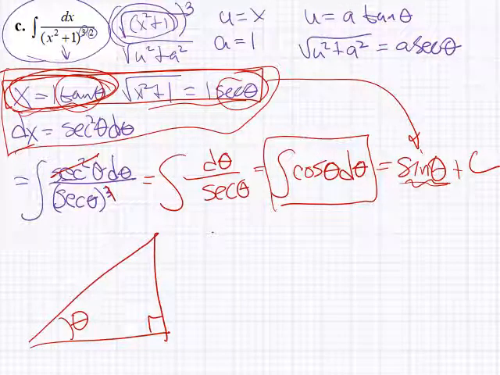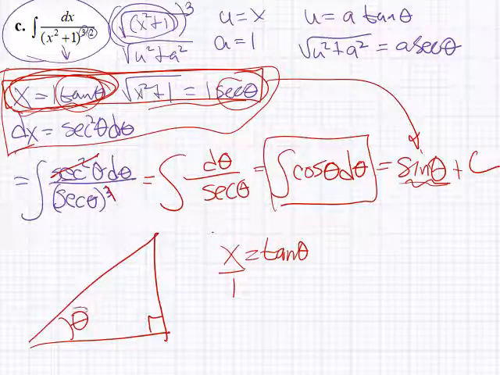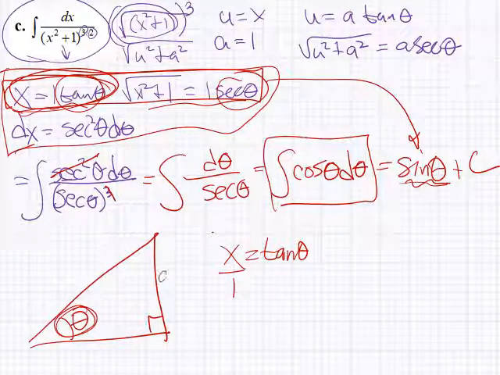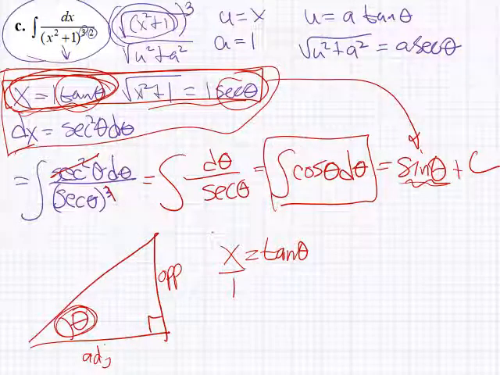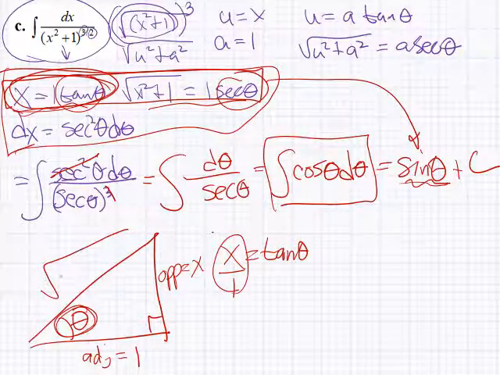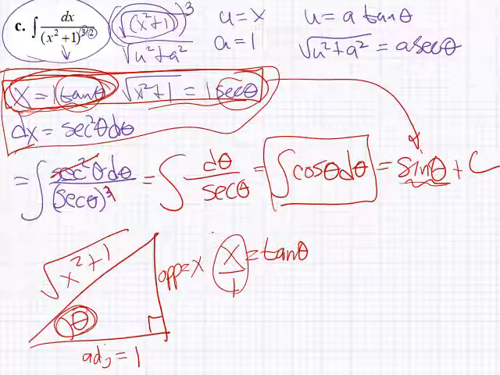So it all comes from here. That says that x equals tan theta, right? You can write this as x over 1. Well, the tan of this theta is going to be created by using the opposite side over the adjacent side. Well, if this is the answer I'm going to get, the opposite side has to be x, and the adjacent side has to be 1, making the hypotenuse the square root of x squared plus 1.